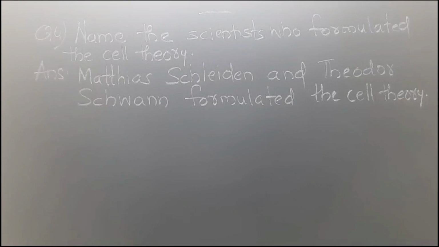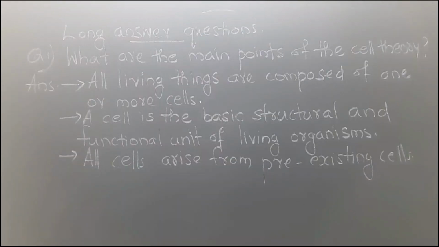Our last question in the short answer question is, name the scientist who formulated the cell theory. The answer is Matthias Schleiden. Matthias Schleiden and Theodor Schwann formulated the cell theory. Now let's see long answer questions.